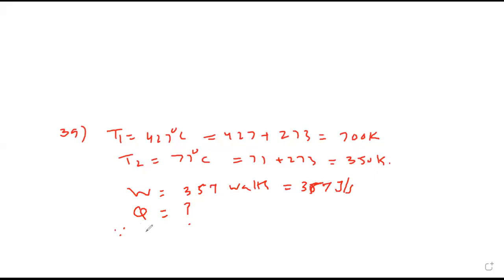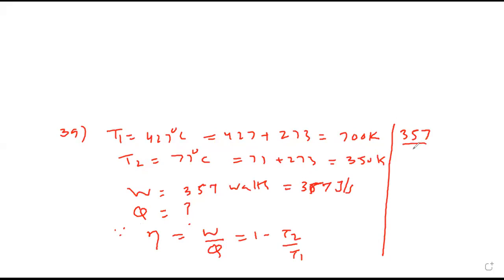First, efficiency is work upon heat, which is 1 minus T2 upon T1. So 357 upon Q is 1 minus 350 upon 700, that is 1 minus half, equal to half.